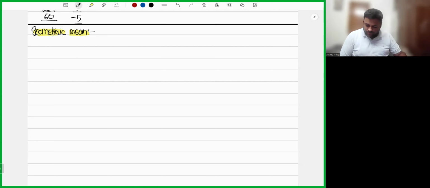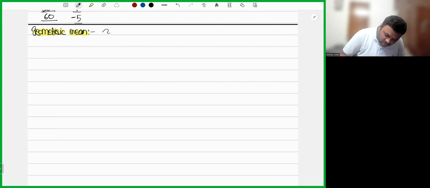So let's continue. Arithmetic mean, I said, is defined as the sum of observations divided by the number of observations. Then what is the geometric mean? Geometric mean is the nth root of the product of observations.